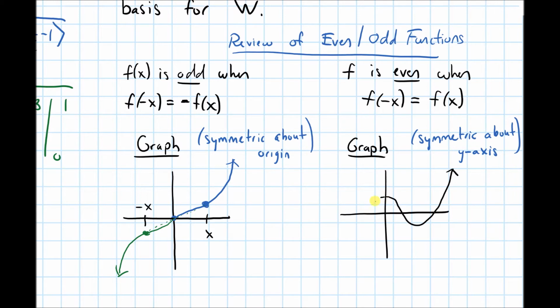In terms of the equation, when we plug in some positive x value and then its corresponding negative version, this equation is saying that f of negative x and f of x had better be the same. In other words, their outputs need to be the same. That's why it ends up being symmetric about the y-axis here.